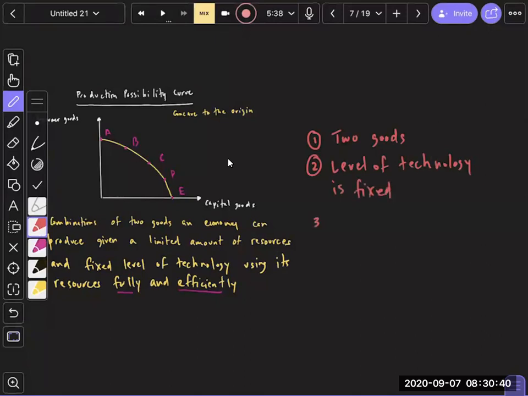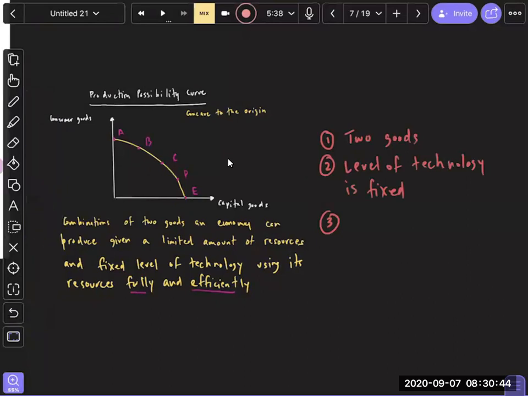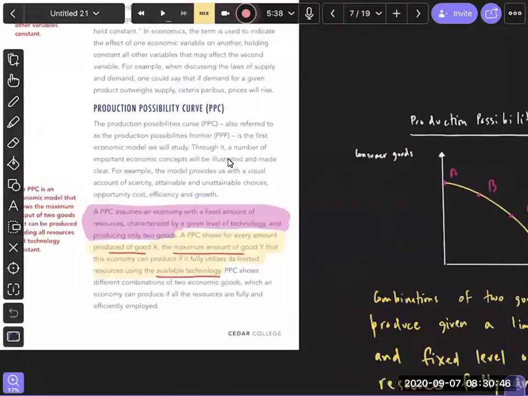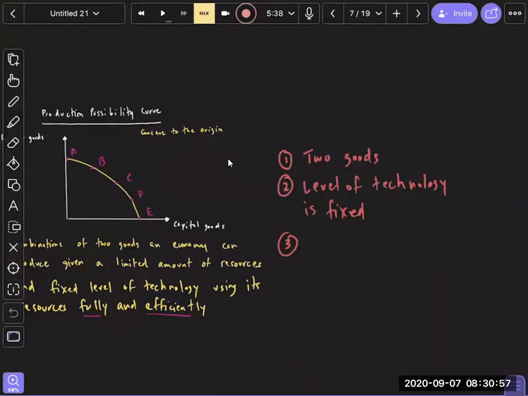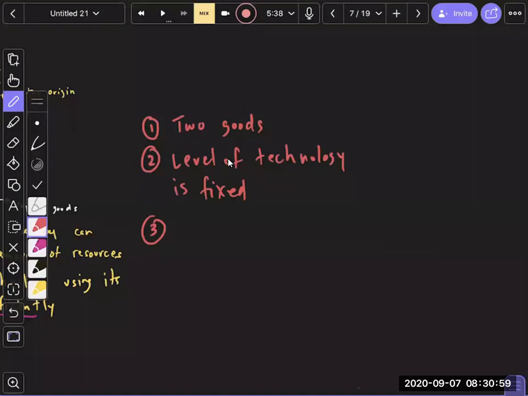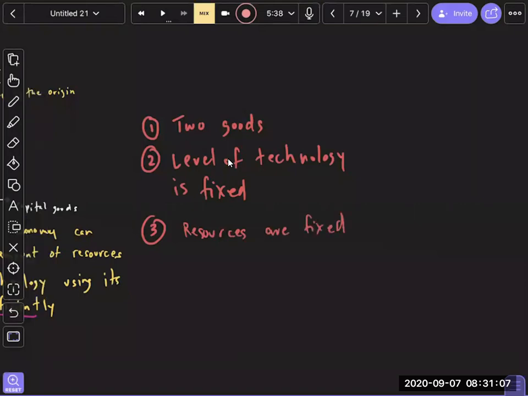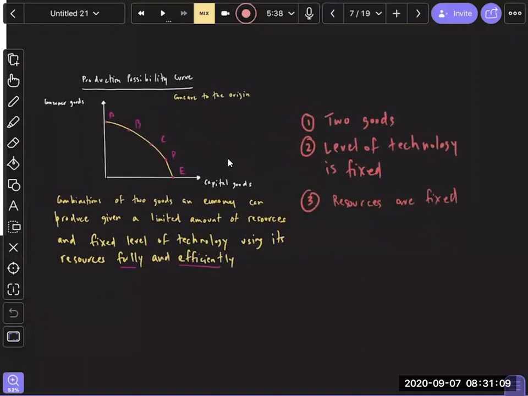And number three, the resources are fixed. We can't change the resources, so resources are limited or fixed. And these three assumptions are important when you're making a curve.